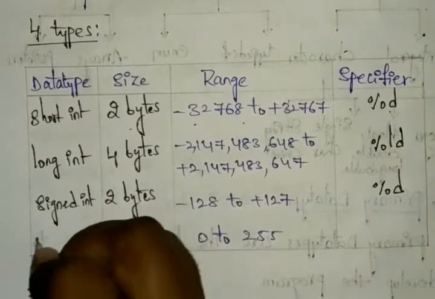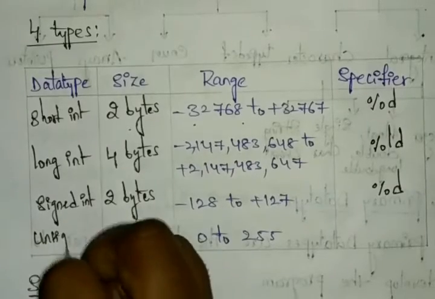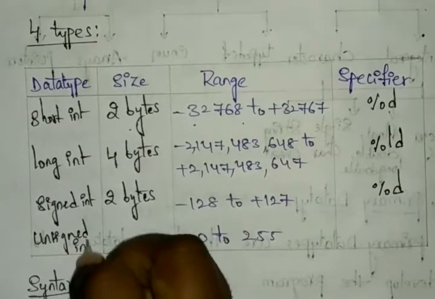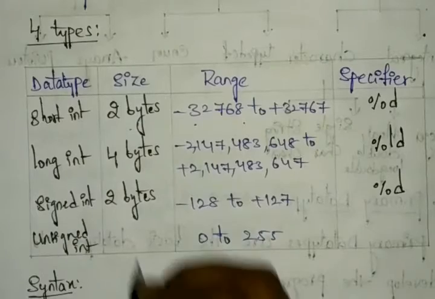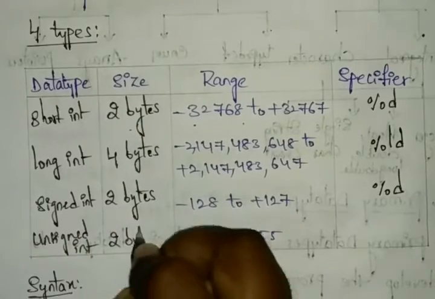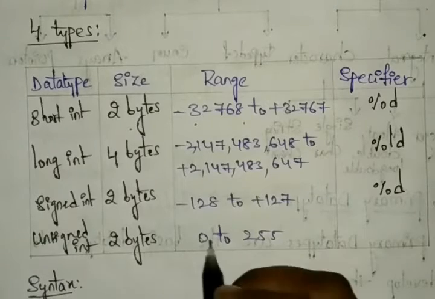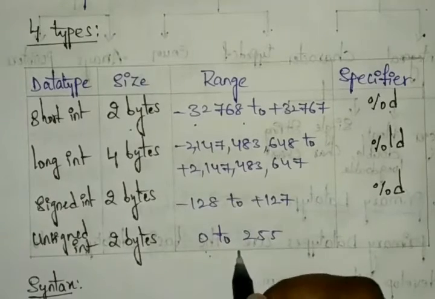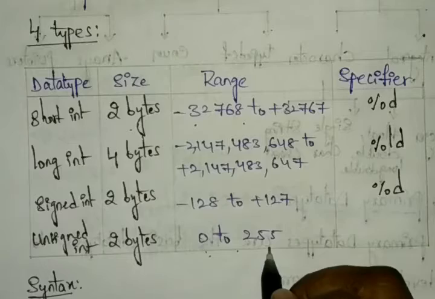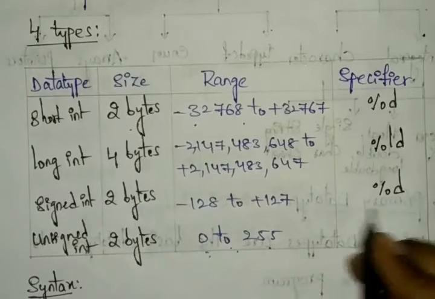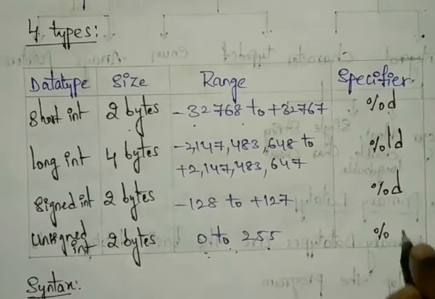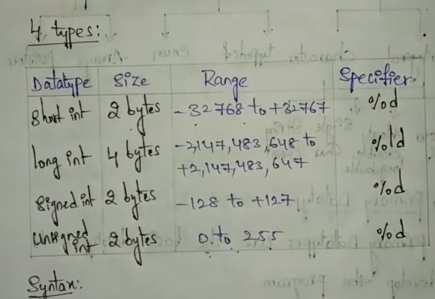And next, at last, we have the unsigned int, the unsigned integer. It also accepts 2 bytes of memory. Its range starts from 0 to 255. And it also has the specifier percent d.